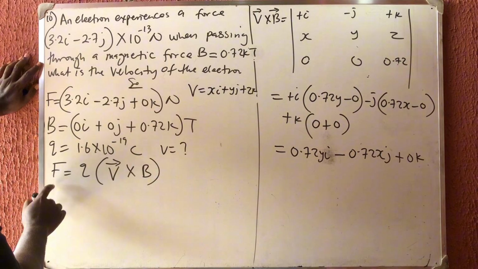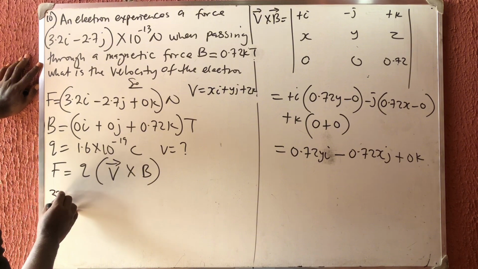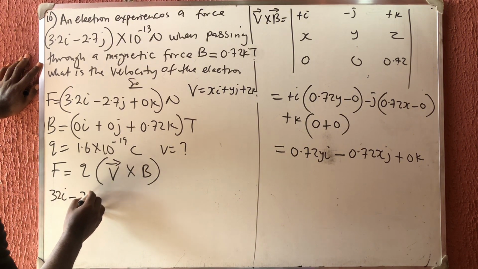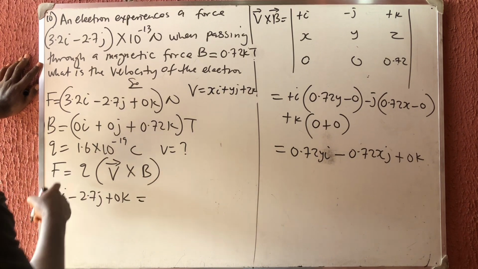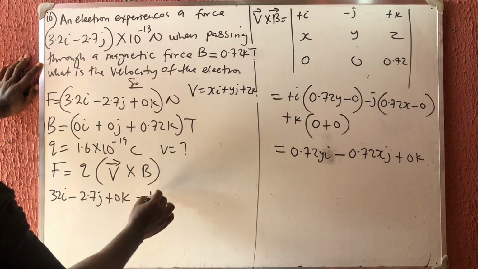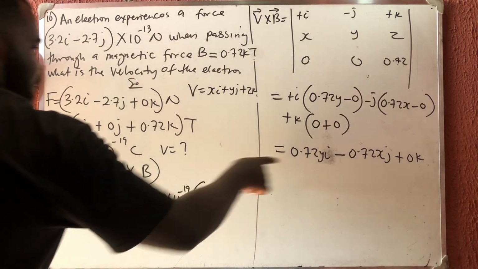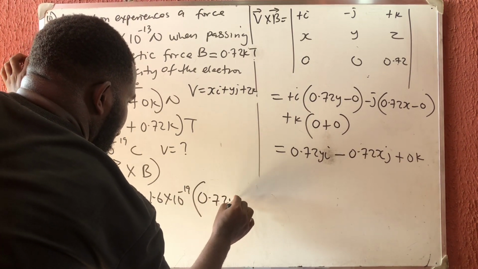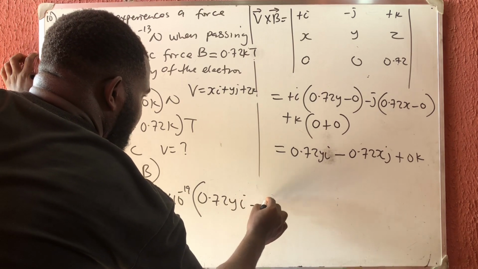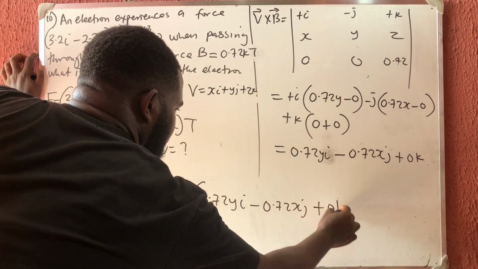So if I put my force, let me put my force. My force is giving me 32i minus 2.7j plus 0k. Okay, is equal to what? My q is 1.6 times 10 raised to power minus 19, in bracket of what I have gotten as 0.72yi minus 0.72xj plus 0k.